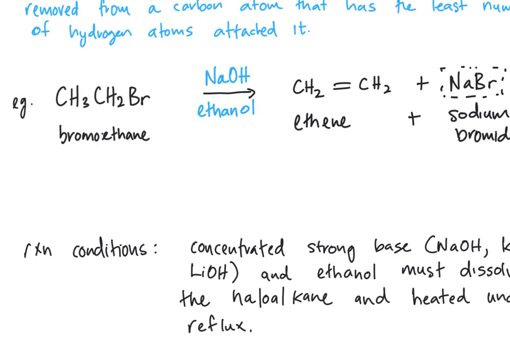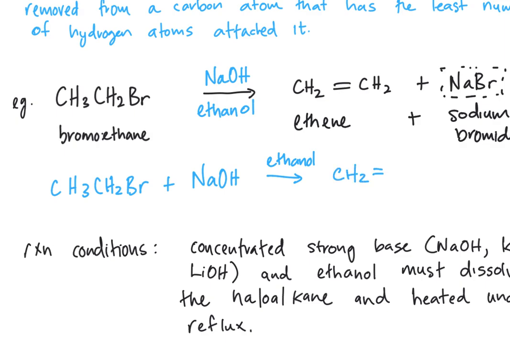Another way that this can be done is I can say CH3CH2Br plus NaOH, arrow ethanol, gives me CH2=CH2 plus NaBr.